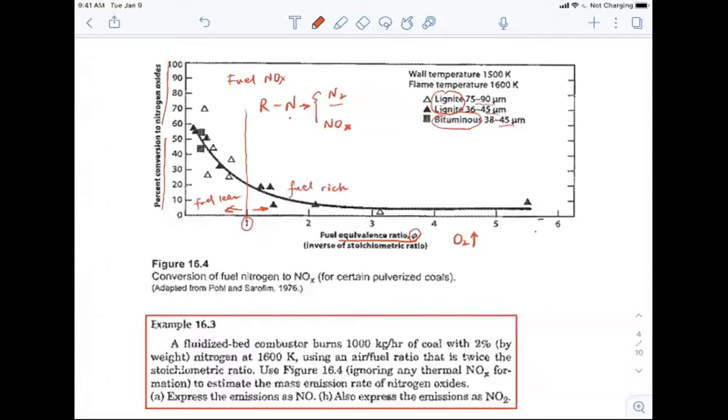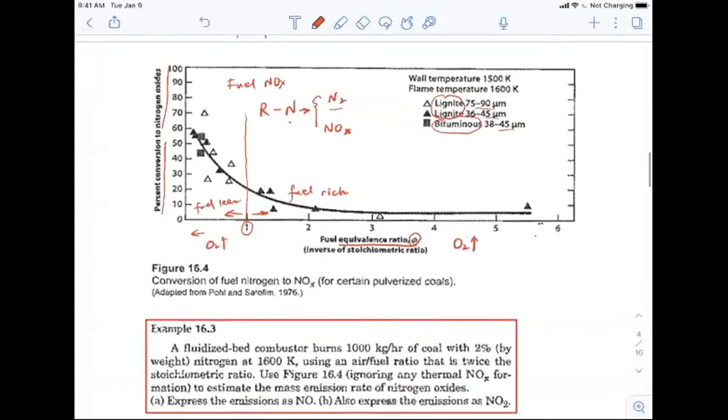If you go towards 0, it means that you're providing more and more oxygen. So what this curve means is that if you increase the oxygen concentration, you're going to get a higher and higher conversion of the fuel nitrogen into the NOx.